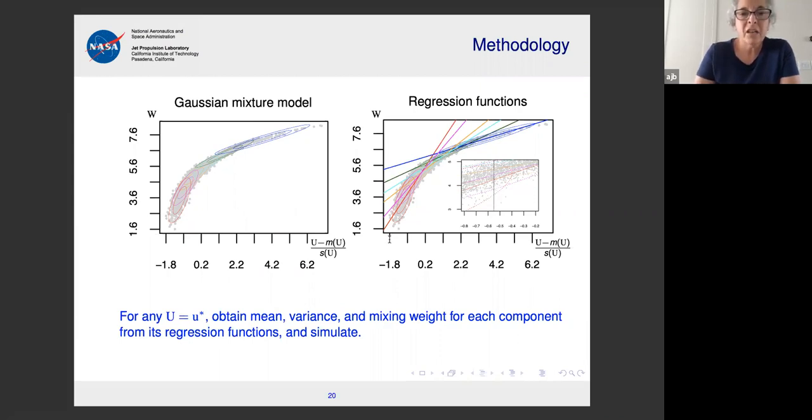And then for any new U star that you might give me over here, I can obviously track it up to each of the regression lines at that location on the x-axis, and then I can weight those regression predictions, and I can do the same thing with the variance.